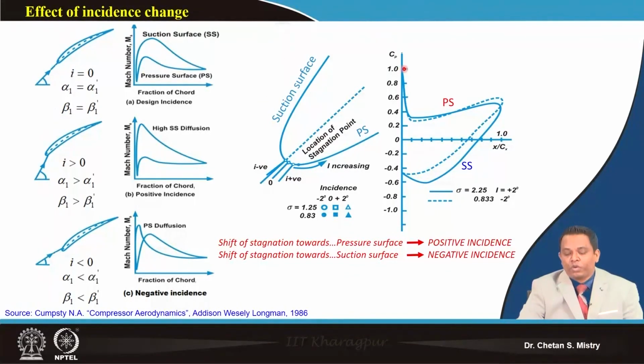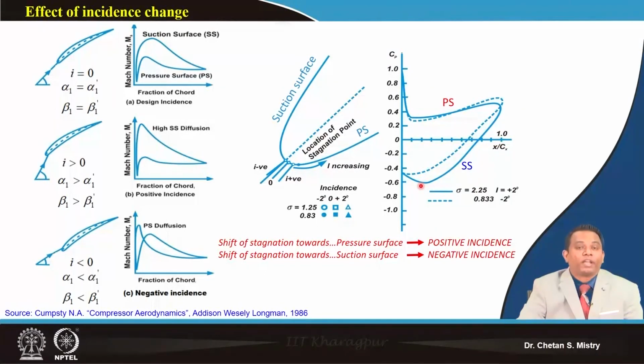And let me show you here, this is representing the CP distribution, particularly when we have positive incidence angle and negative incidence angle, and we can realize what we are discussing. In the case of positive incidence angle, we are having proper management of flow on my pressure surface as well as on my suction surface.